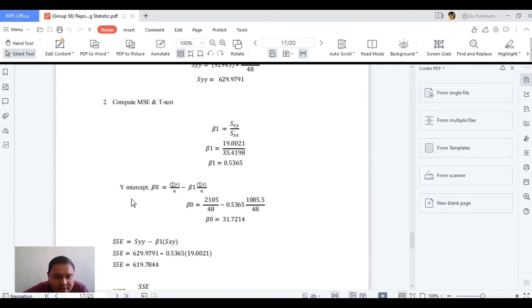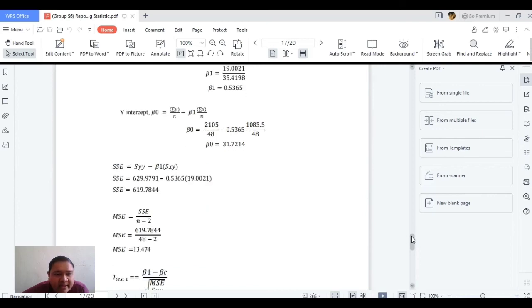So for the y-intercept, beta naught is summation of y over n minus beta 1 times summation of x over n. So beta naught equals 2105 over 48 minus 0.5365 times 1085.5 over 48. So beta naught equals 31.7214. Here SSE is Syy minus beta 1 times Sxy.